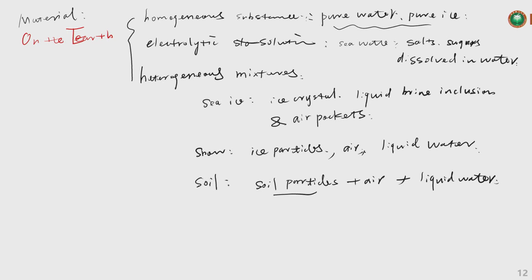And for the electrolytic solution, because the substrate is one kind of material, the salt or the sugars dissolved in the water, we can also regard them as a kind of homogeneous substance, and it has a unique or combined dielectric constant or dielectric properties.